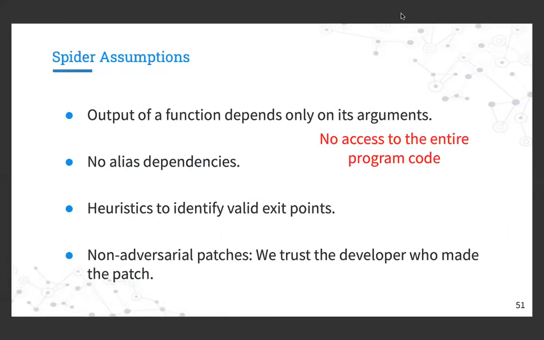And we use heuristics to identify valid exit points. Most of these heuristics are specific to system code bases, but these heuristics may not hold true for other code bases. So we need to be careful when applying Spider to other code bases that do not follow system code practices. Furthermore, we also assume non-adversarial patches. That means we assume the developer who made the patch to be trusted.